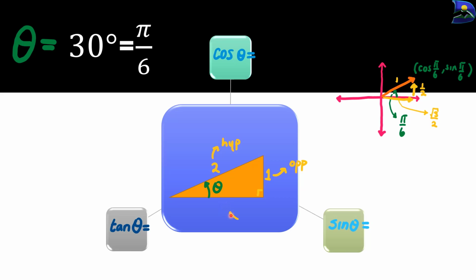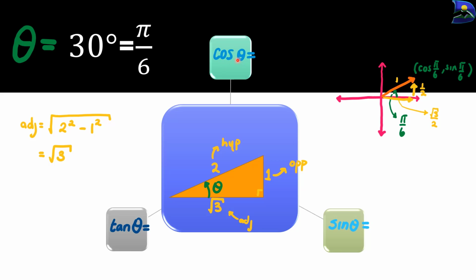What is the strategy required for us to determine the adjacent? The strategy to accomplish that is the Pythagorean theorem, and by doing that we figure out that our adjacent is measured to be root 3. Once we've assigned the sides their numbers, we can move on to the next step, which is to determine the x coordinate.